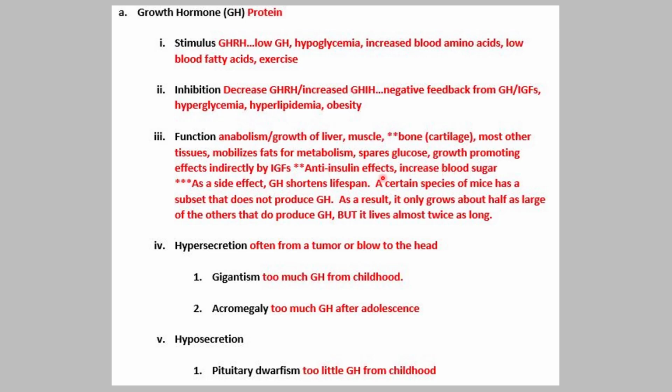Now, interestingly, growth hormone shortens the lifespan. Growth hormone is needed for growth and development, but at the same time, it shortens life. There is a species of mouse called an Ames mouse, A-M-E-S. Some of them are just normal mice, but some of them have a genetic defect to where they don't produce growth hormone.